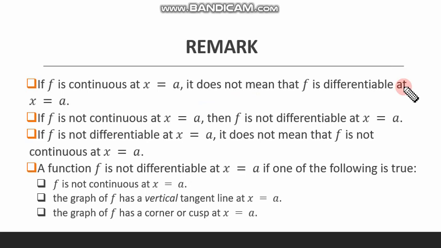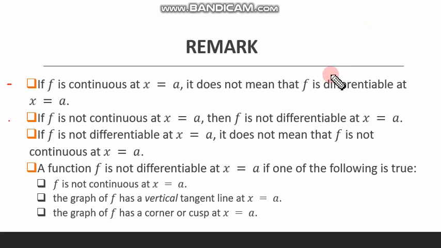However, we need to take note of the following remarks. If our function is continuous at x equal to a, it doesn't mean that the function is differentiable at x equal to a. So it could be differentiable or not if the function is continuous at x equal to a. The second point: if the function is discontinuous at x equal to a, then the function is not differentiable at x equal to a.